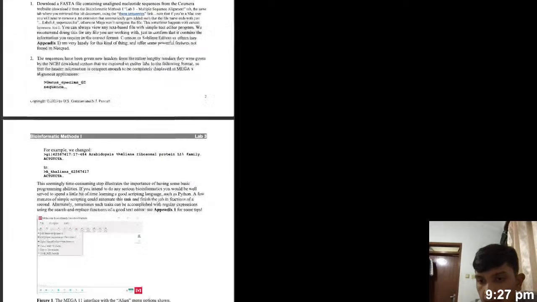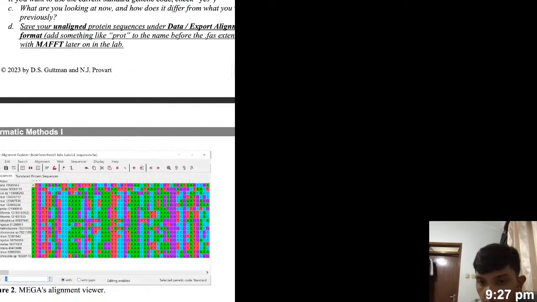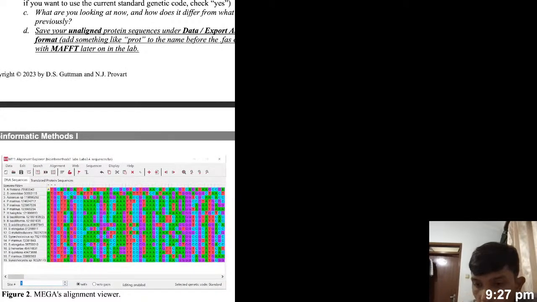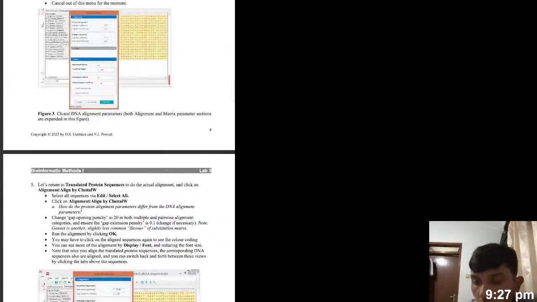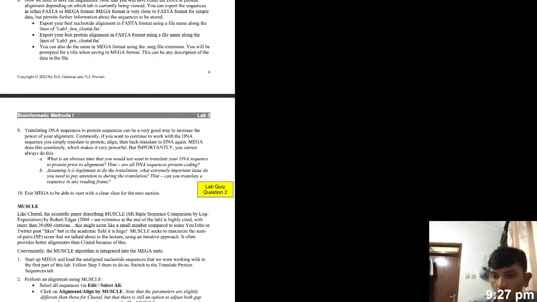And what we're looking for in terms of a good alignment is to have largish blocks of conservation.